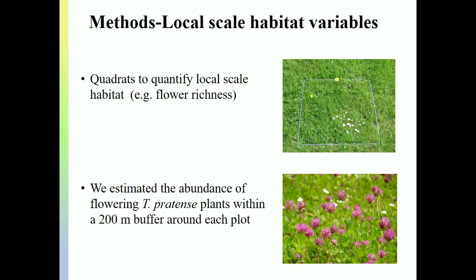We also monitored those plants to see what was visiting them, and we characterized the local habitats, such as flower richness estimates and abundance. We also estimated the abundance of conspecific pollen for Trifolium pratense in each of these 18 sites.